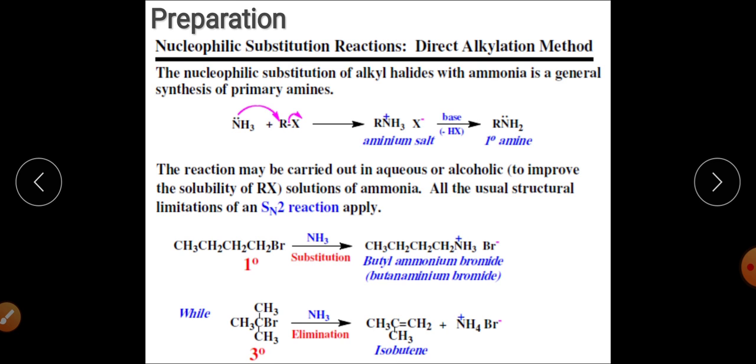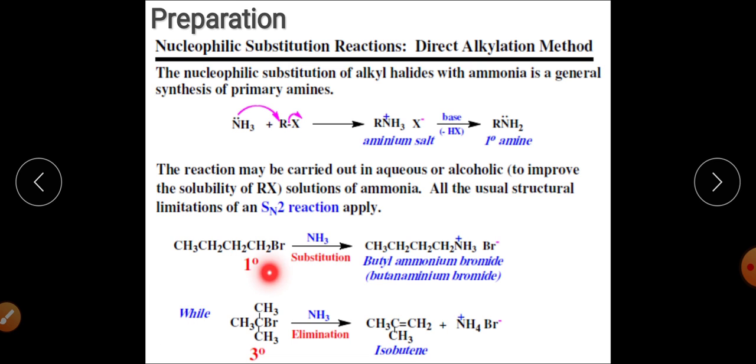Generally, the formation of product depends upon the type of alkyl halide we have taken, the concentration of alkyl halide, and the concentration of the ammonia during the course of the reaction. For example, you can see these two examples on the screen.